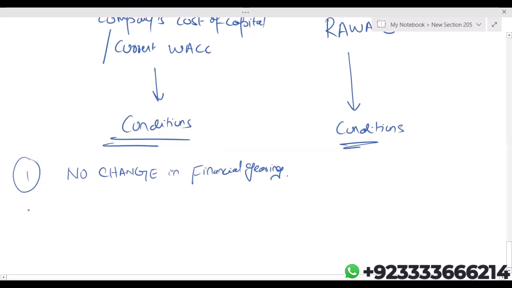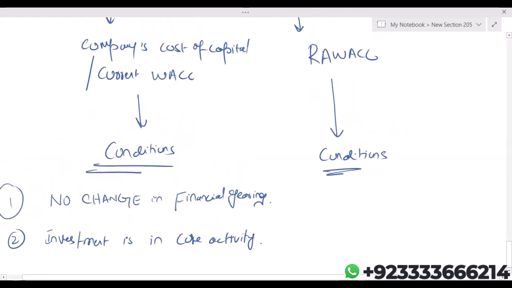Second, we are making investment in the core activity. Simply, you can say we are doing the expansion of existing business. Investment is in core activities. Means we are not doing anything different. We are making investment in the same business. We are just expanding it.